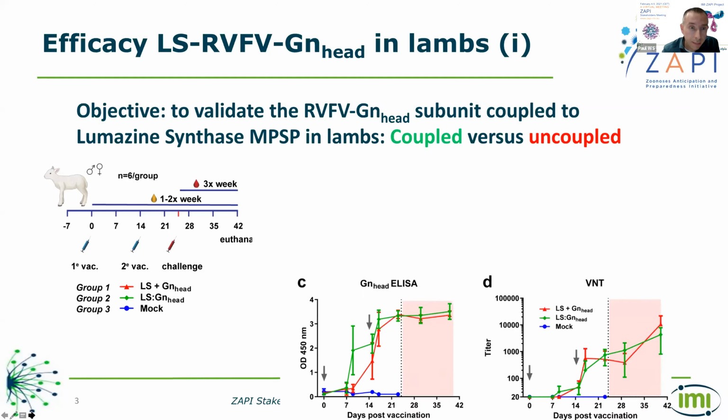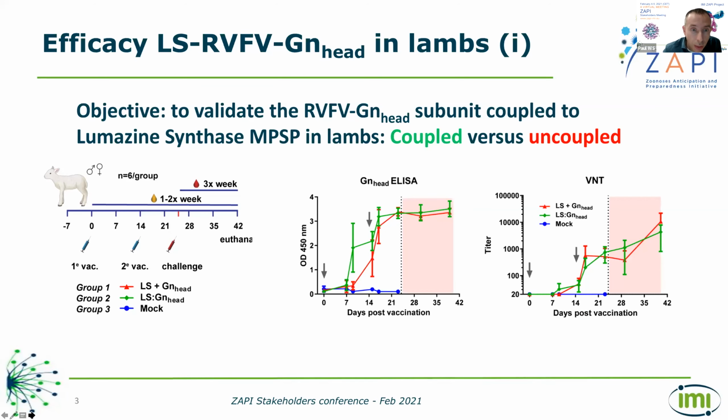In the lamb trial, we vaccinated twice at a 2-week interval, and challenged the animals 2 weeks later. This was in collaboration with the FLI in the group of Martin Koschub and Markus Keller. Following the challenge, animals were monitored closely. As you can see on the right, we performed a GN head ELISA and a virus neutralization test.